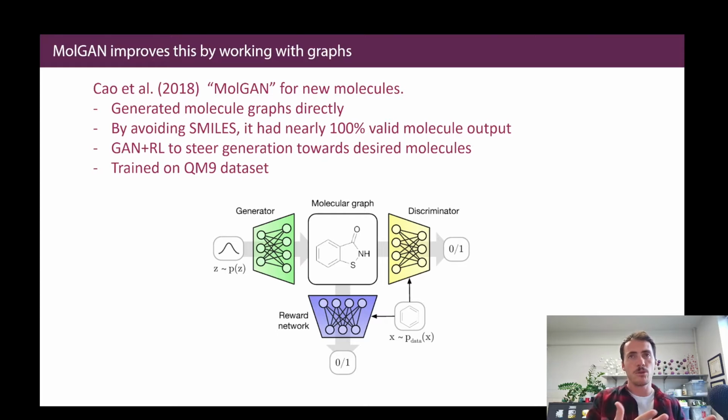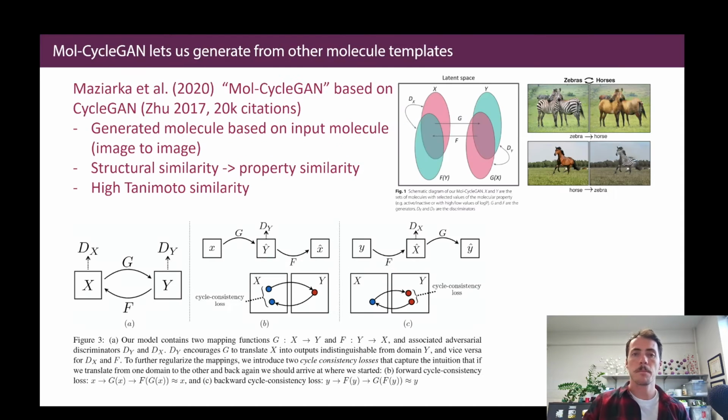Sometimes a SMILES string corresponds to a molecule that can't really exist, but graphs do a better job of making valid molecules at the outset. But they basically took the same approach. They still used reinforcement learning to steer this generation towards whatever their desired molecules were. And then this time they trained on the QM9 dataset as opposed to a specific one from the ZINC dataset.